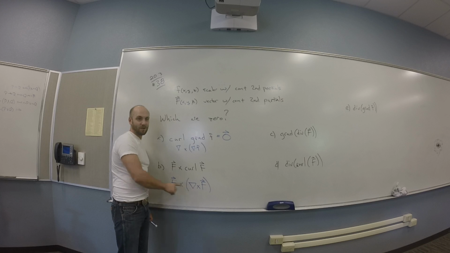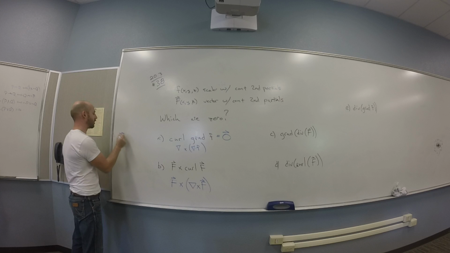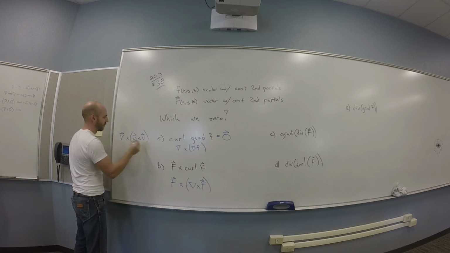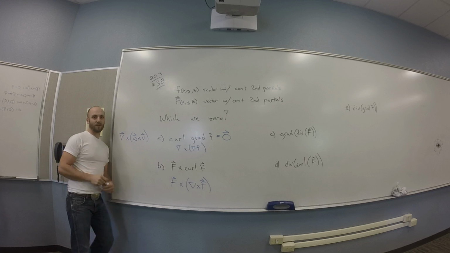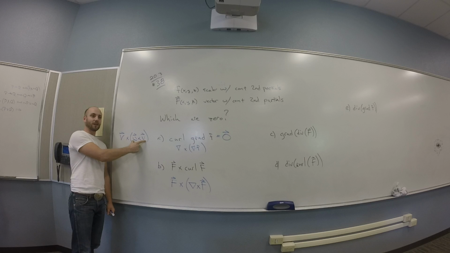Like if you take three vectors, so what if these were actually vectors? Like what if I just took v crossed with w crossed with v? See that? The result of this is going to be the vector that's perpendicular to both v and w, with some properties, right?